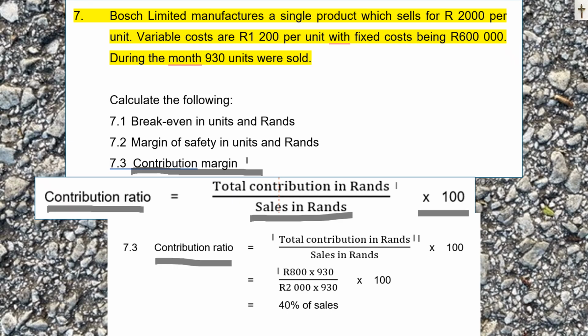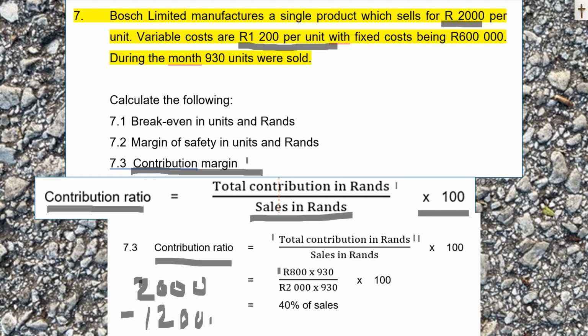We need to establish where that 800 came from: it was 2,000, the selling price per unit, less 1,200, which is the variable cost per unit, and that gives us the contribution per unit. The contribution per unit is 800.